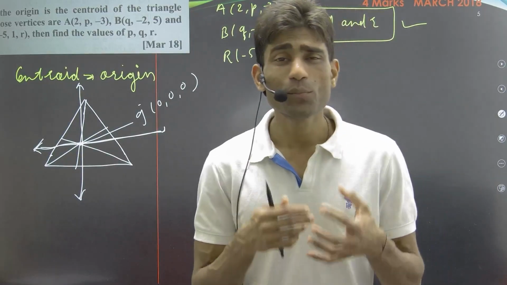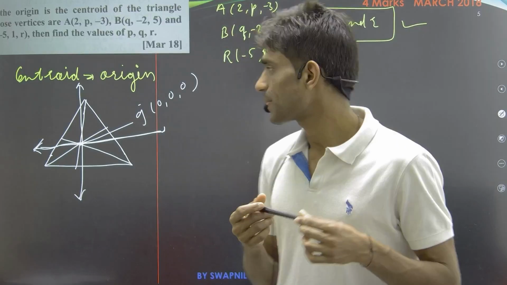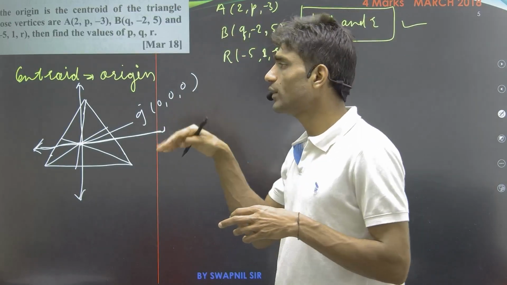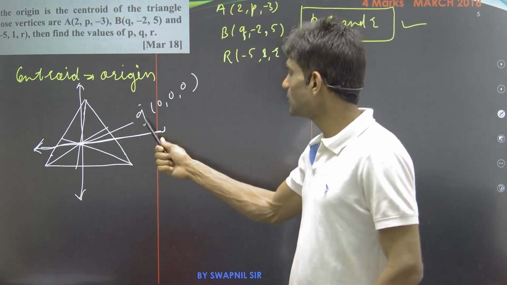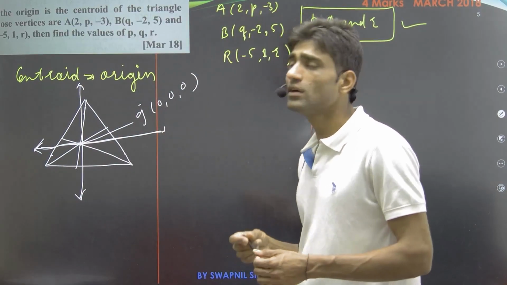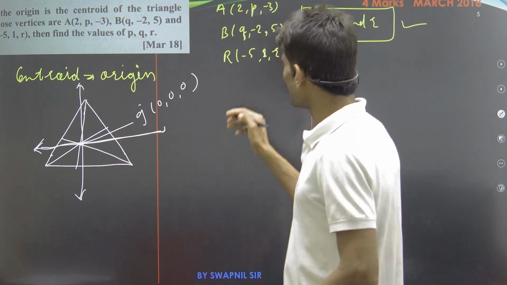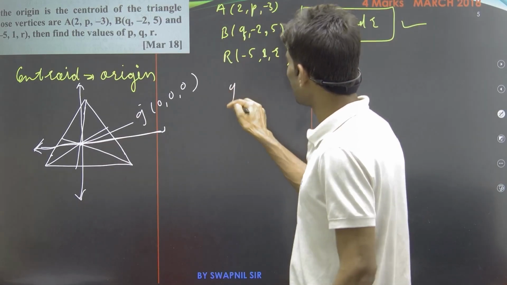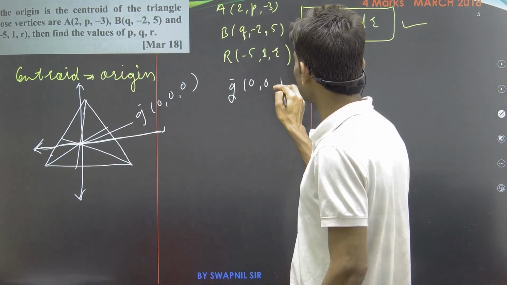Because the centroid is at the origin. So I have the centroid G bar, which has coordinates (0, 0, 0).